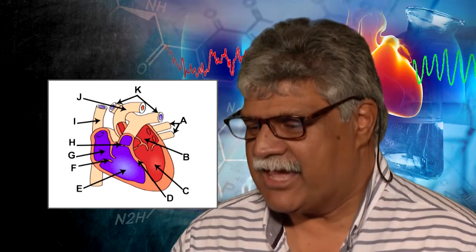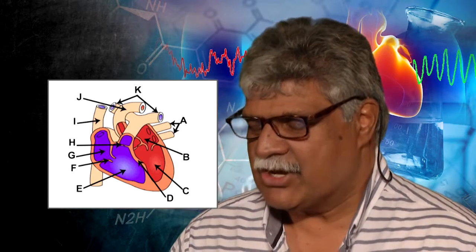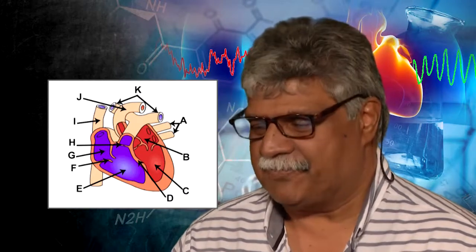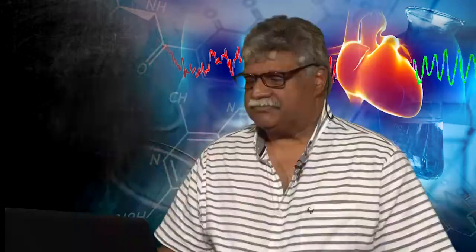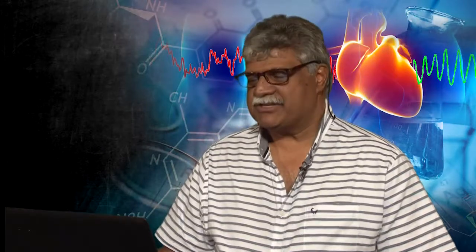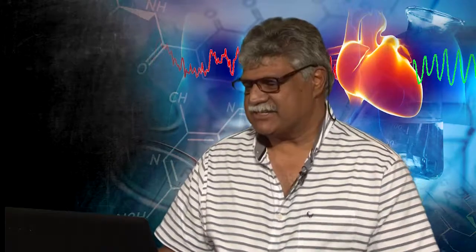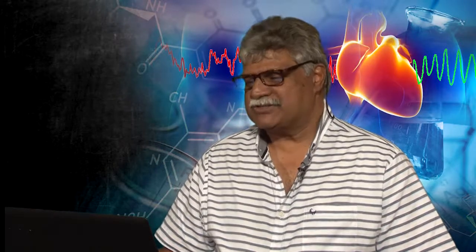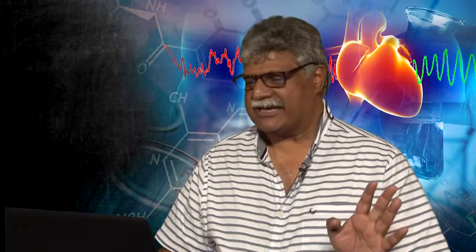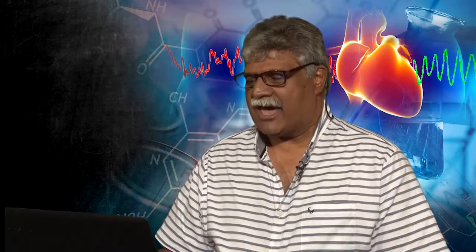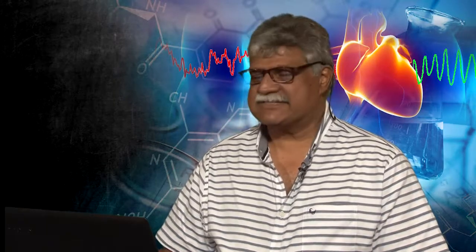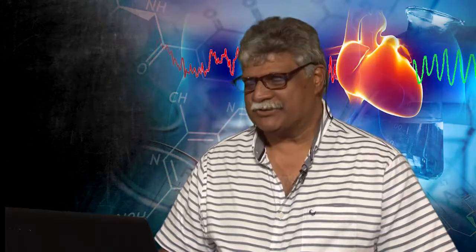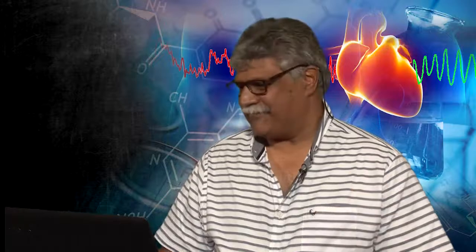K refers to the blood vessel, the pulmonary arteries. Then I ask you to tabulate two differences in composition between the blood found in E, which is your right ventricle, and the blood found in part C, which is your left ventricle. Sure, you could do that. The color can help you out there.